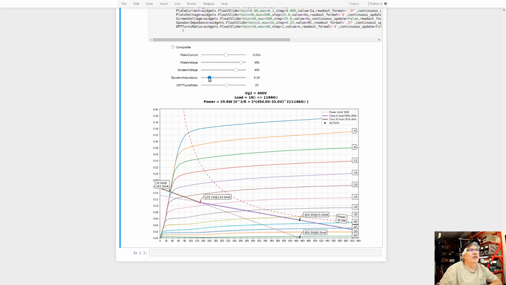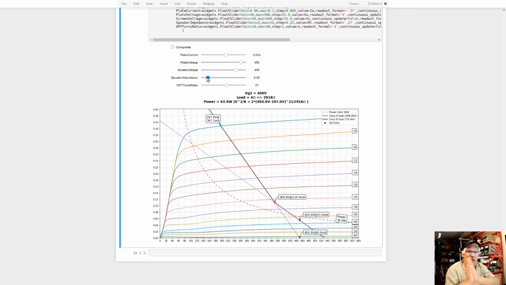And if we go back over to 4 ohms, we've made it steeper as well. So between those three things, we can move that load line kind of wherever we want on the plate characteristic, and we can also change where those positions are. So we have a lot of flexibility there.